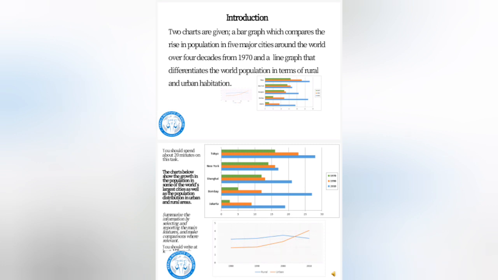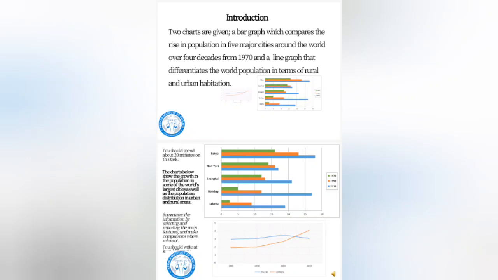Two charts are given: a bar graph which compares the rise in population in 5 major cities around the world over 4 decades from 1970, and a line graph that differentiates the world population in terms of rural and urban habitation. This introduction is actually talking clearly about what these diagrams are and what they are concerned with.